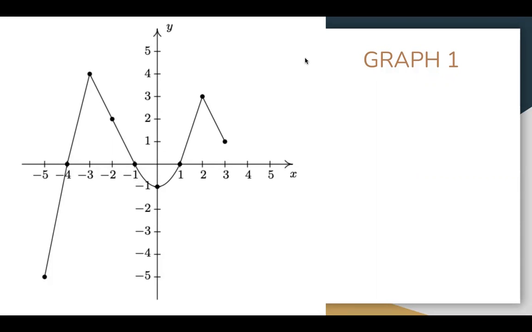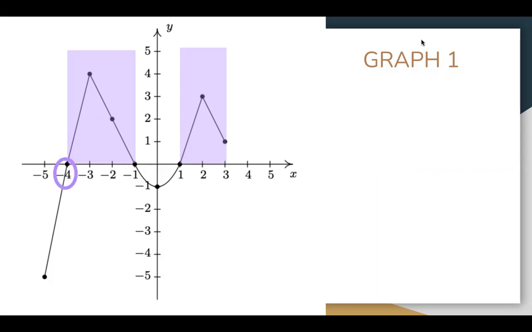So I'm going to draw a little box around anything above the x-axis. So this piece here is above the axis, and this piece here. So you should see that those two sections are above the axis. Now to name the positive intervals, I'm going to look at the x-axis numbers.